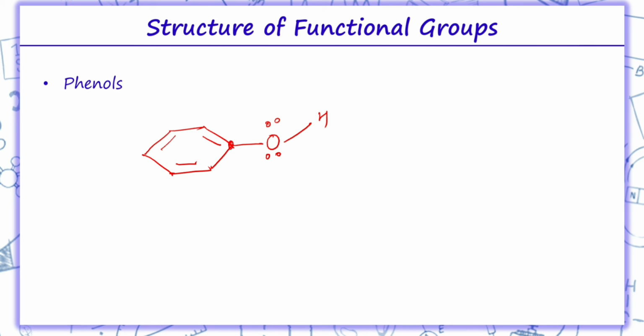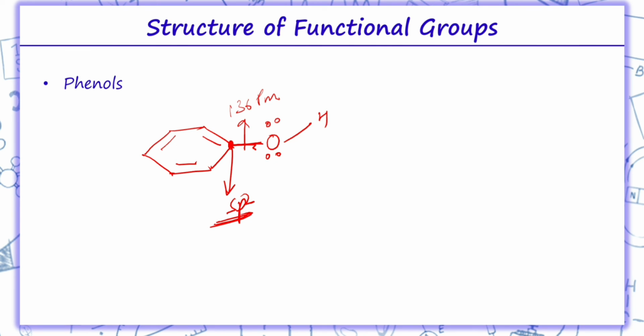This OH group is attached to an sp2 hybridized carbon of the aromatic ring, and the carbon oxygen bond length is 136 picometer in phenols, which is slightly less than that of methanol as we saw earlier.